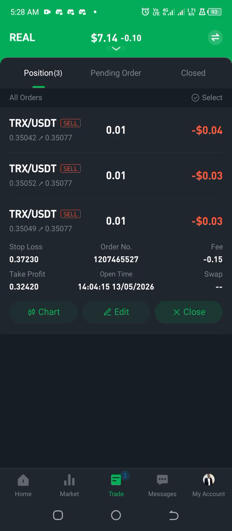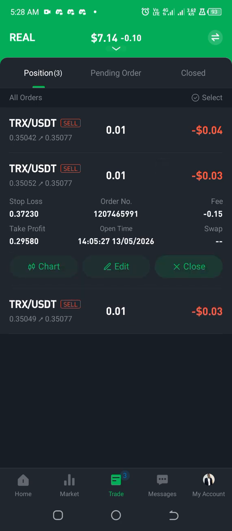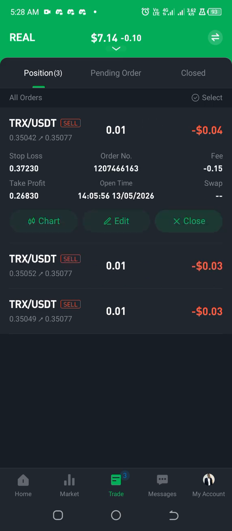It was the same stop loss for all of them, 0.37230. I was targeting this level, just as I've mentioned on the charts. These are the profit targets respectively, but the stop loss is the same for all of them, just to be able to take advantage of the different profit levels should price get to all of them.